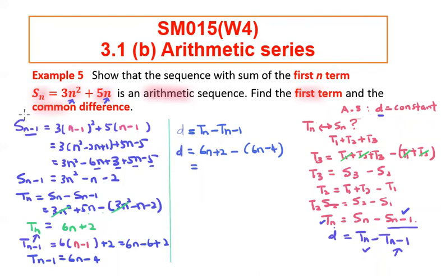Simplify this: 6n minus 6n cancel out, 2 minus minus 4 is 6. And 6 is a constant. Therefore, we say Sn is an arithmetic sequence.